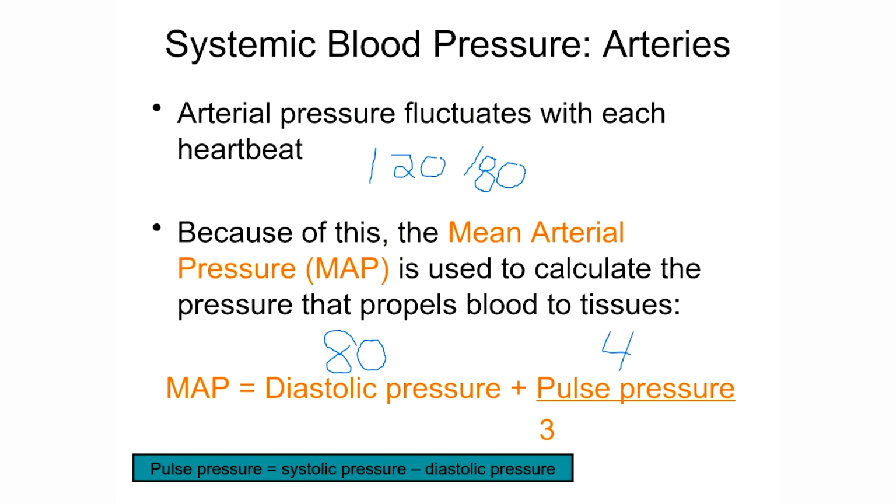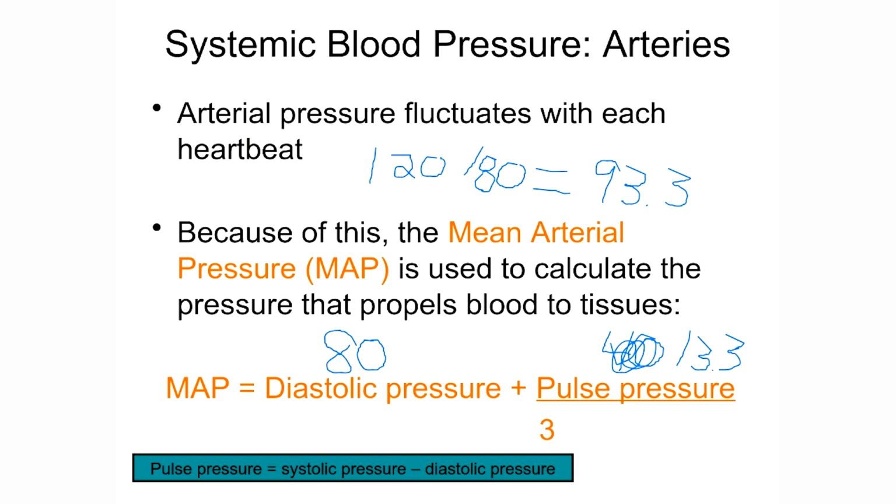That's our pulse pressure. Then we divide that pulse pressure by 3, and that makes this 40 actually 13.3. And then we just add 80 plus 13.3, and that gives us a MAP, when our blood pressure is 120 over 80, of 93.3. That would be the average pressure in the brachial artery that would be driving blood flow to tissues downstream.